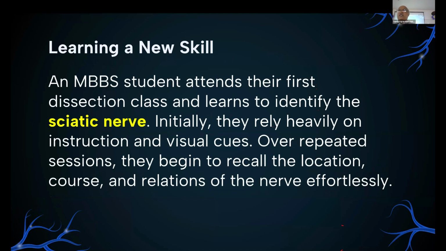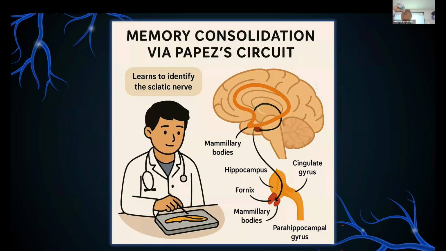The sciatic nerve. It is very important, isn't it? So how do you learn about the sciatic nerve? First you are seeing it. The teacher tells you about the sciatic nerve and how it is important. Why is it unique? What is its peculiar feature?